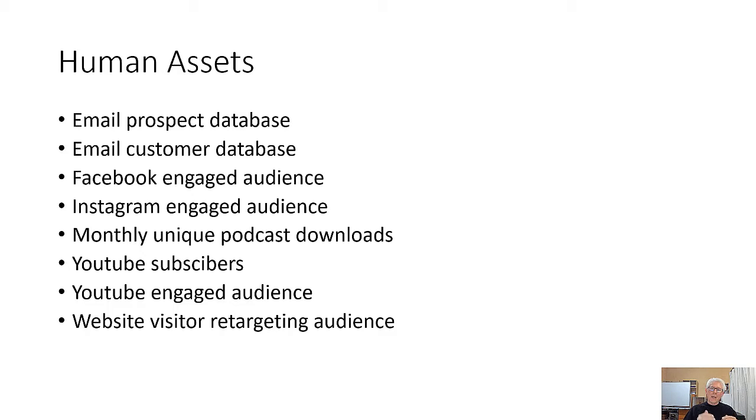In terms of your retargeting audience from your website visitors and also from your Facebook and Instagram, once people have consumed your content or been to your website or been to your business Facebook page, we can create warm audiences or the invisible list that Facebook has, where we can start to retarget those people.